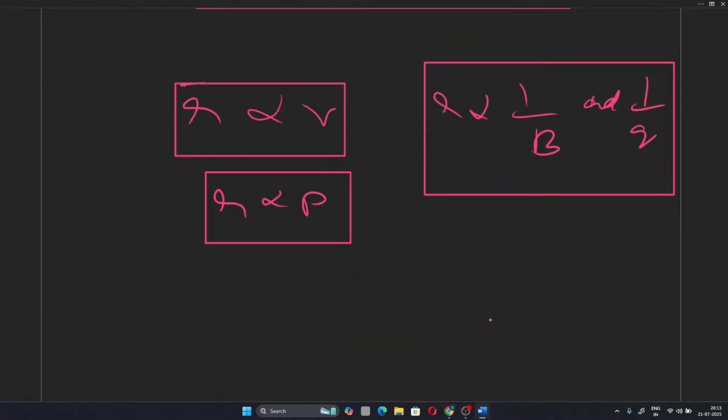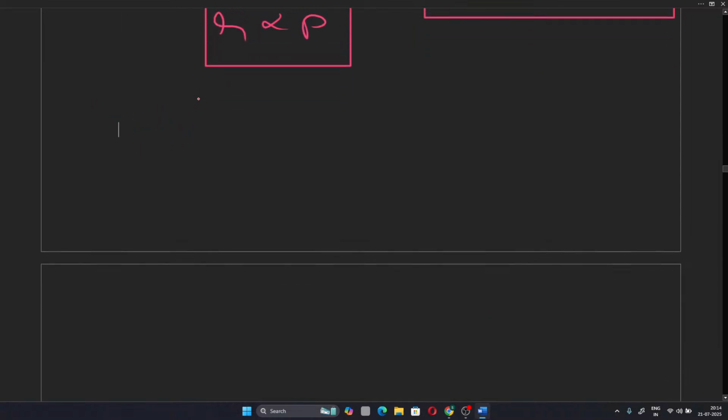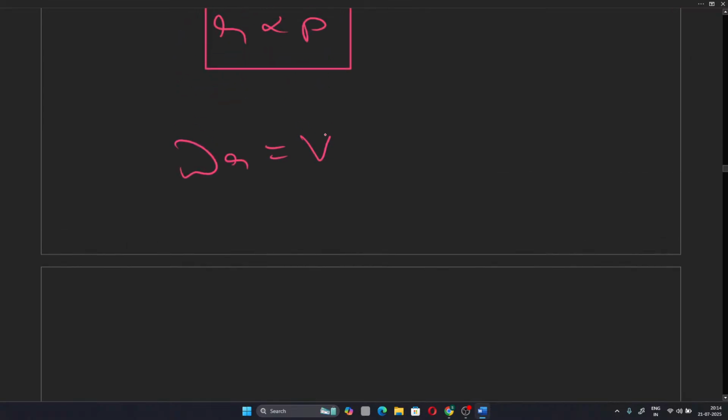Okay, from this we take omega times r equals velocity.